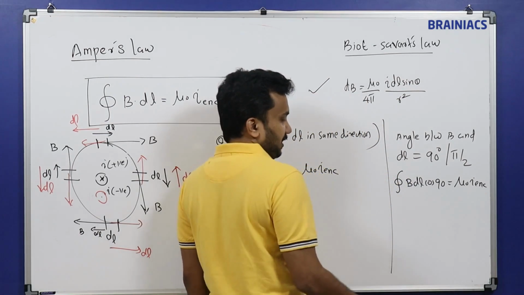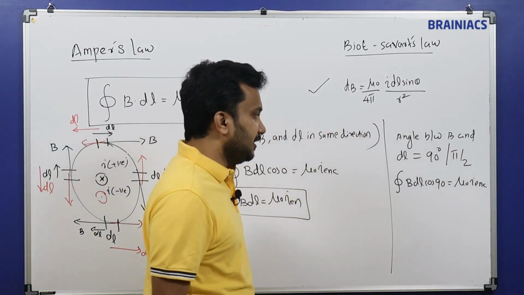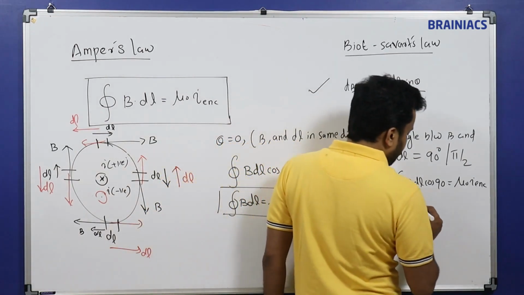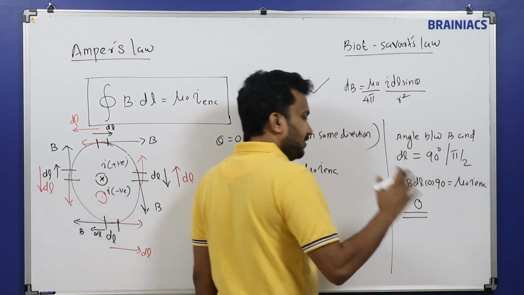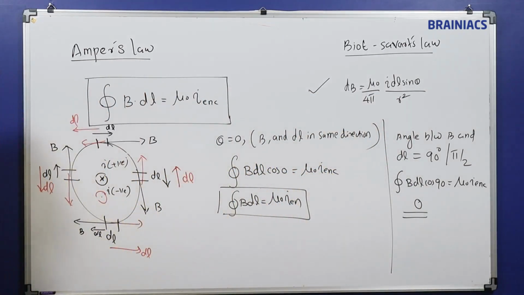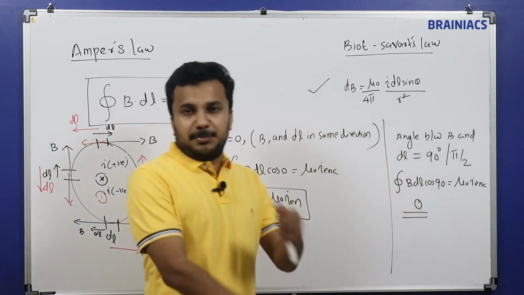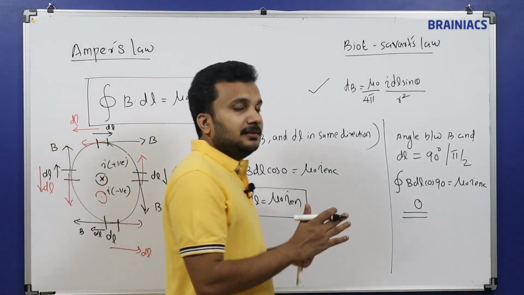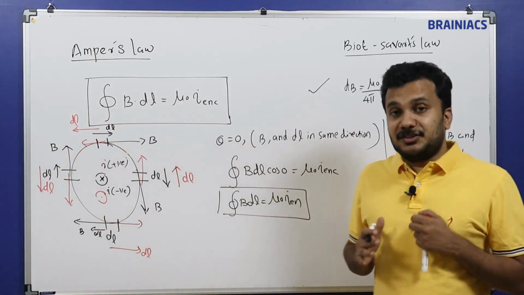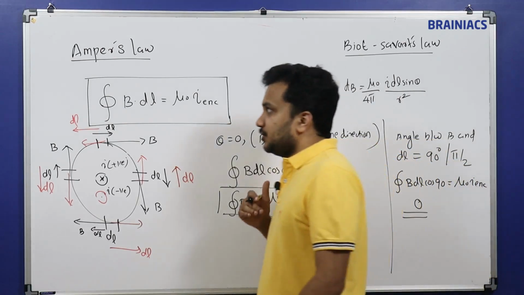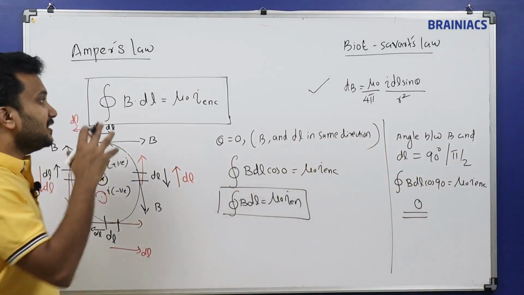What is the value of this? This is equal to 0. In short, it indicates there is no magnetic field. 0 equals mu 0 times current enclosed. If the angle between B and dl is perpendicular, then there is no current and no magnetic field exists. So this is the meaning of this one.